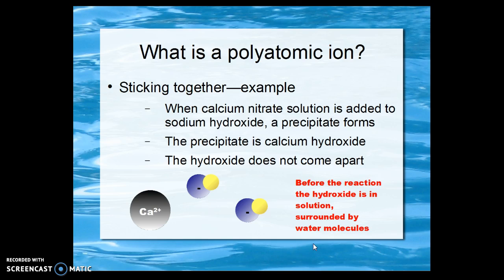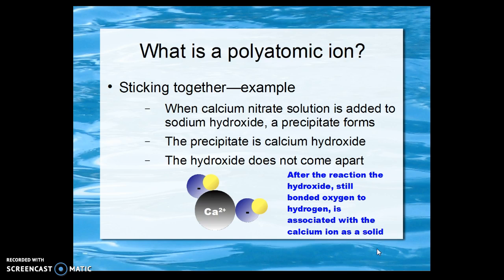So, when calcium nitrate solution is added to sodium hydroxide solution, you get a precipitate. The precipitate is calcium hydroxide. The hydroxide does not come apart in this reaction. It stays together as an ion. Before the reaction, the hydroxide is in solution surrounded by water molecules.